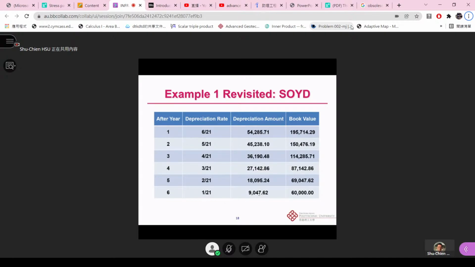For example, here we have 9,000-something for year 6, and then finally you retain the salvage value at the end, like the 60,000 at the end of the estimating period. So whatever method you use, keep in mind that the book value of the last year of the calculation will be equal to the salvage value. All right.